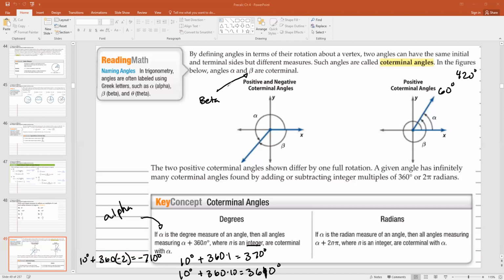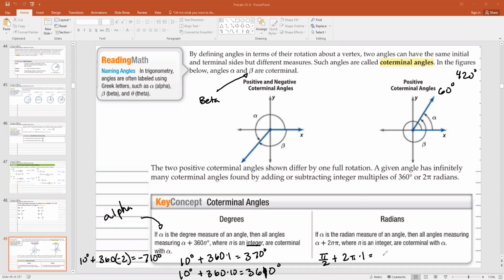All right, over here. And then radians, remember what's the equivalent of 360 degrees in radians? 2 pi. So it's the same formula except we're saying 2 pi. So if we had pi over 2 as our alpha, and we're adding 2 pi times 1, it's just going to be 2 times 2 is 4, plus the 1 is 5.